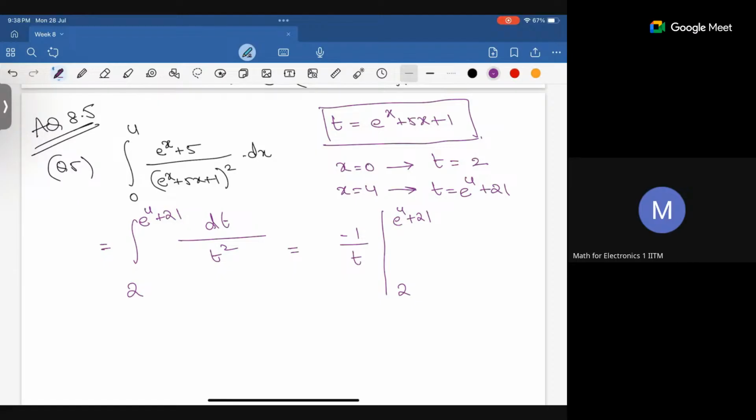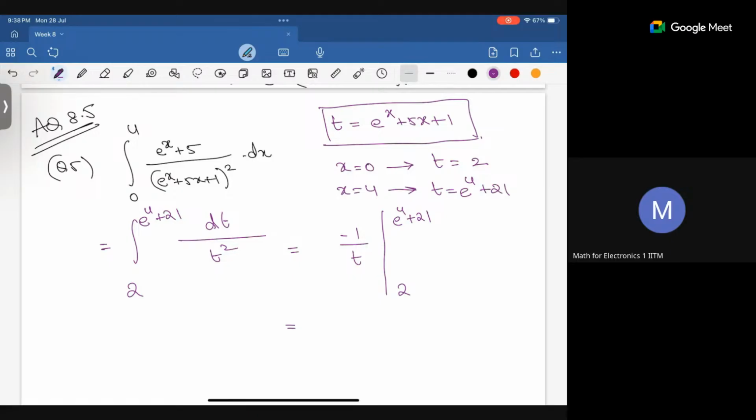Okay. There is no option related to it. So what is the solution given? 1 by 6 minus 1 by e^4 + 5. Are we correct?